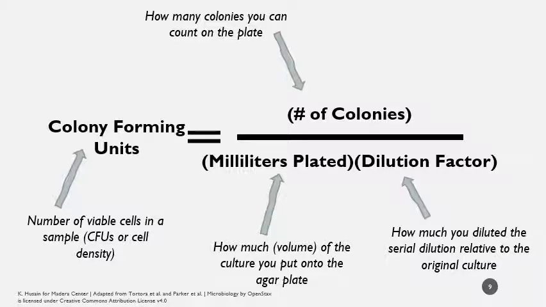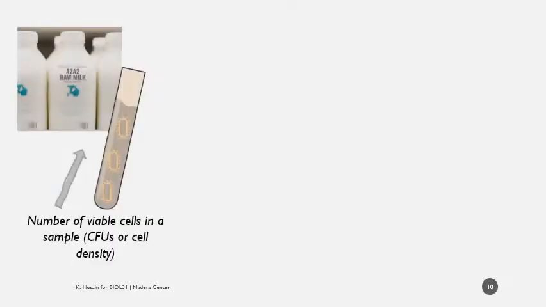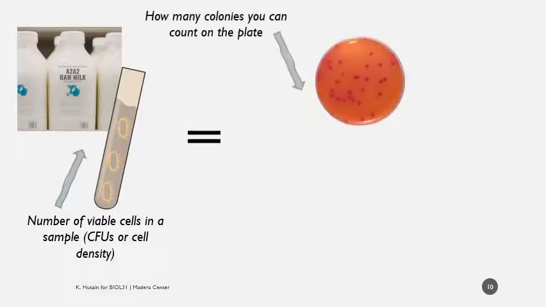So again, to visualize this, it's the same exact formula, but with visuals that you'll see in a lab. The number of viable cells in that sample, the CFUs, colony forming units, or cell density, is maybe the number of viable cells in your culture or in your raw milk. You calculate that by counting colonies on a plate.